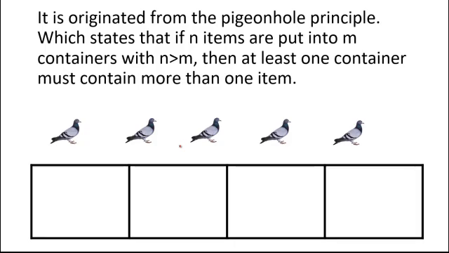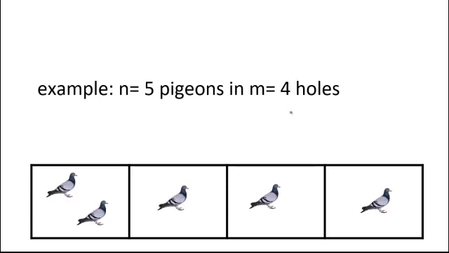This sorting technique originated from the pigeonhole principle, which states that if n items are put into containers, with the number of items greater than the number of containers, then at least one container must contain more than one item. So for our example, we have here 5 pigeons and 4 holes.